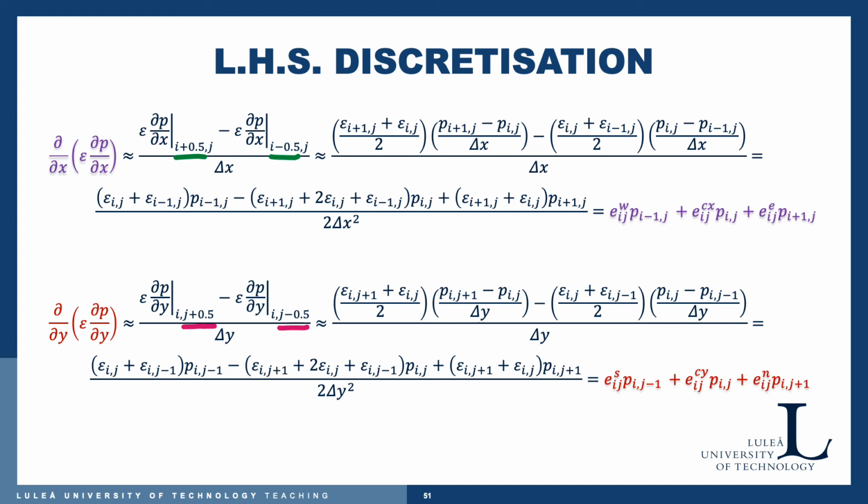And due to this, we end up with schemes for south and north in the y direction, and then west and east for the x direction, where the index varies in i.